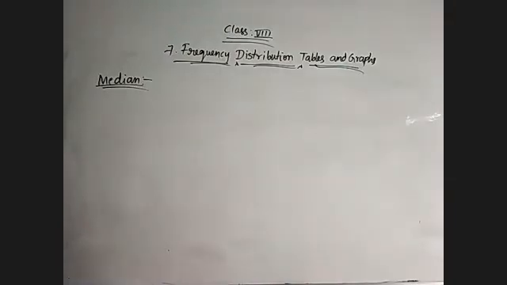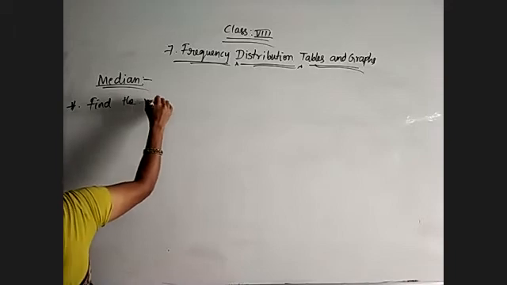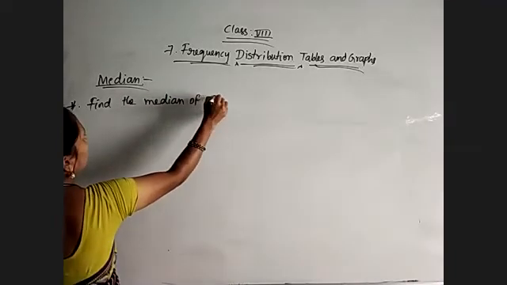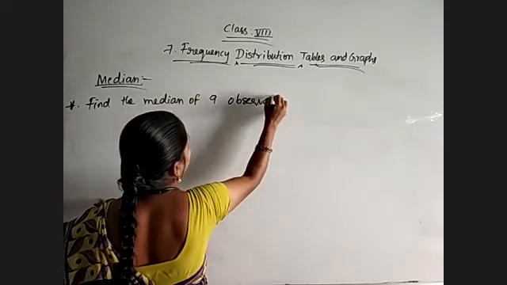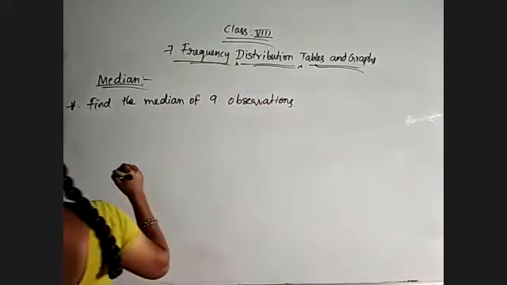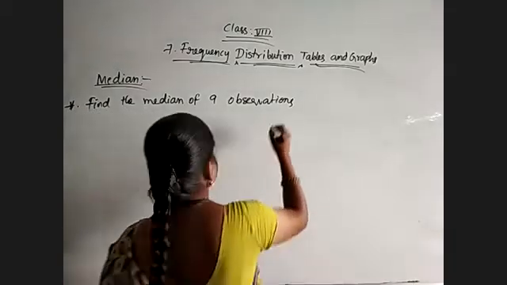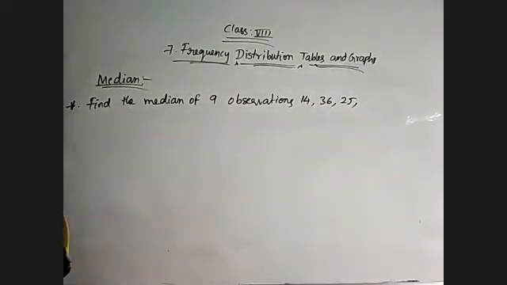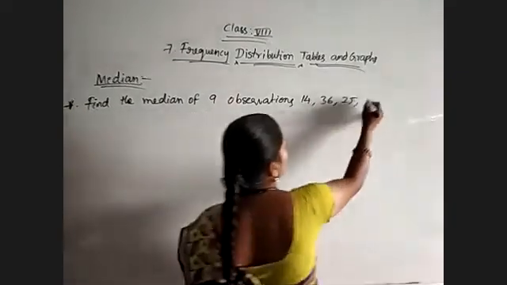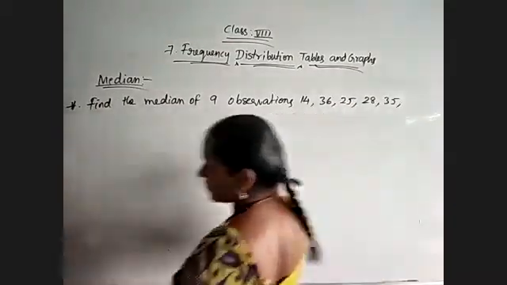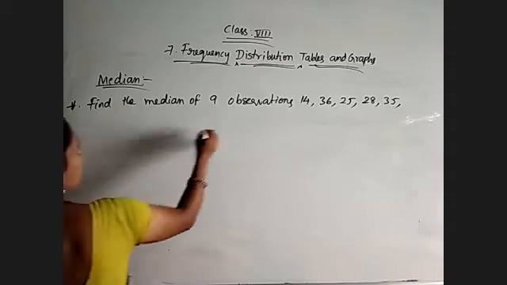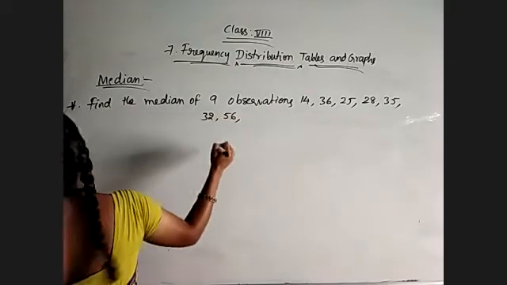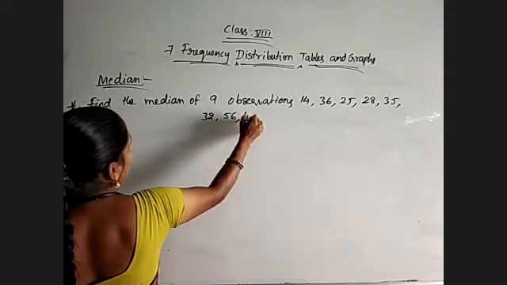Find the median of 9 observations: 14, 36, 25, 28, 35, 32, 56, 42, 50.